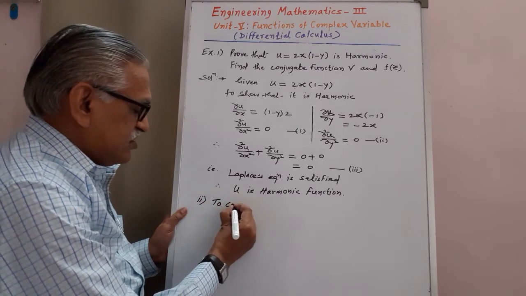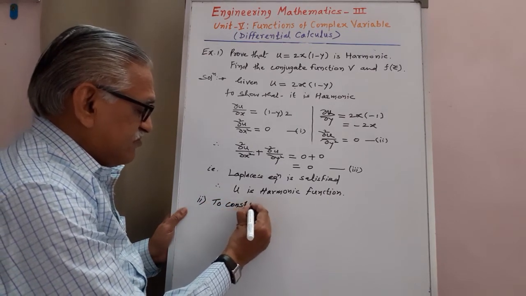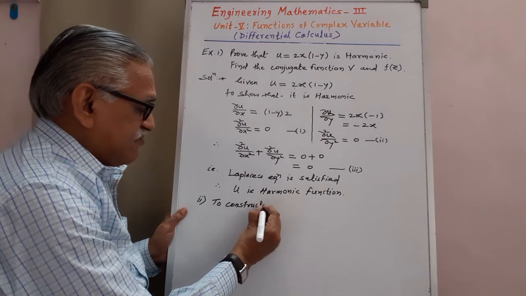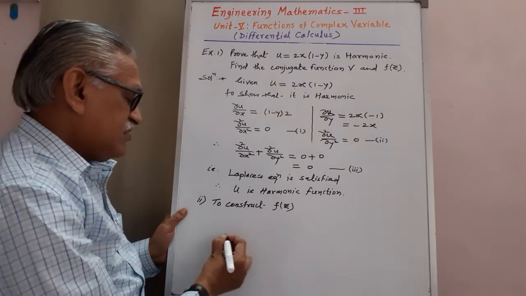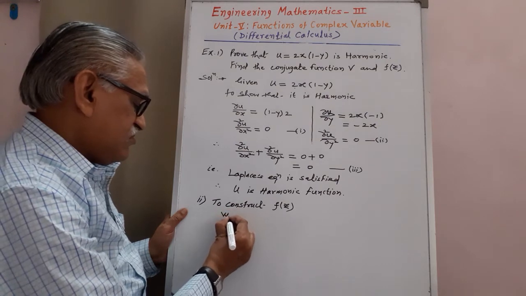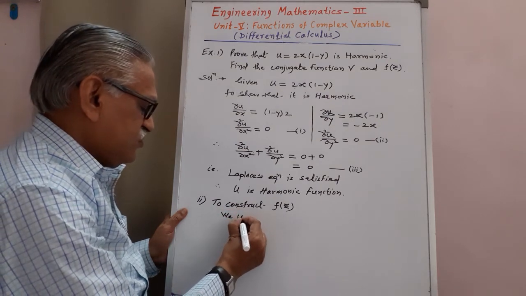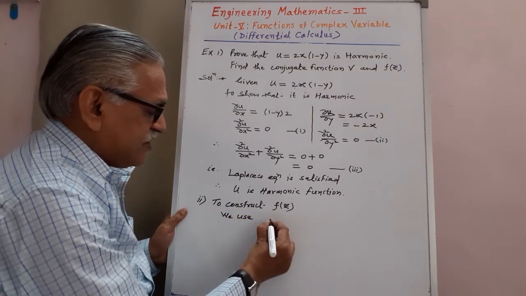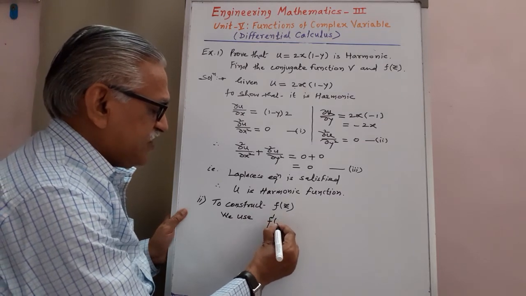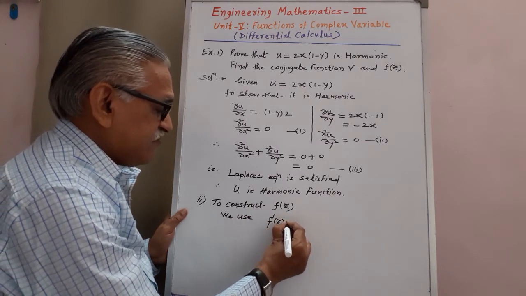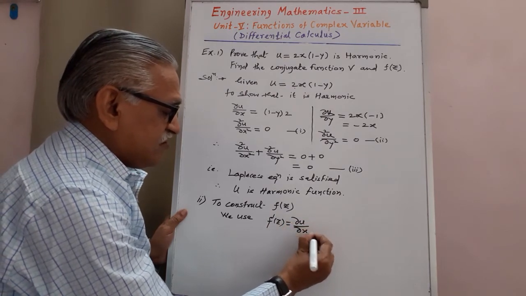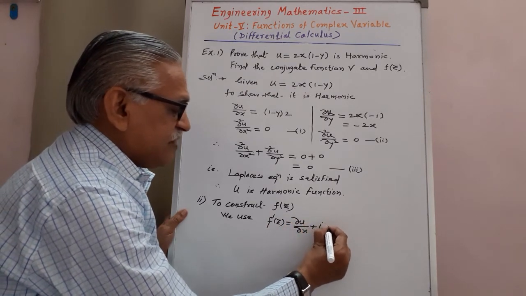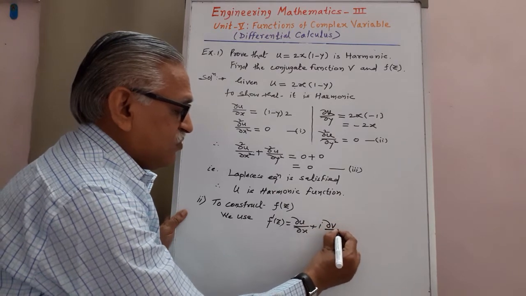Then the second part, to construct analytic function f(z), we use the relation f'(z) = ∂u/∂x + i ∂v/∂x.